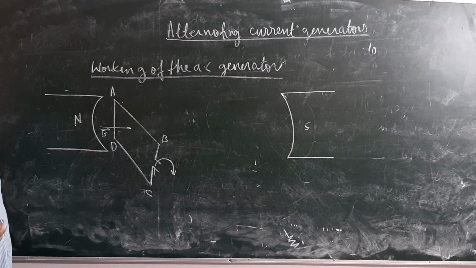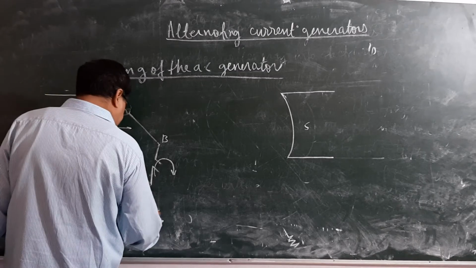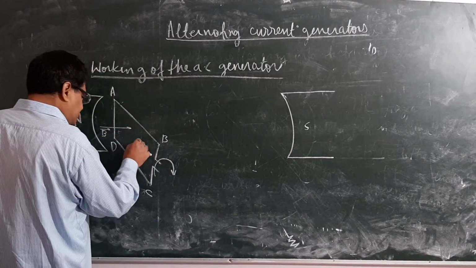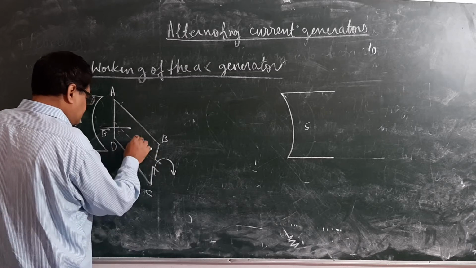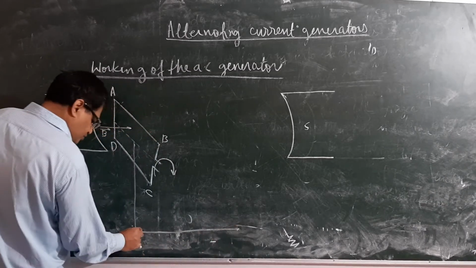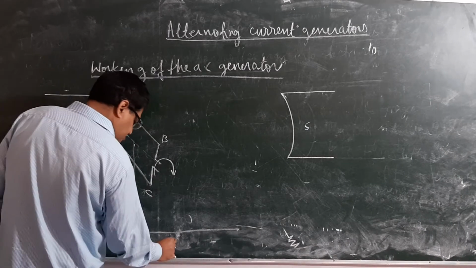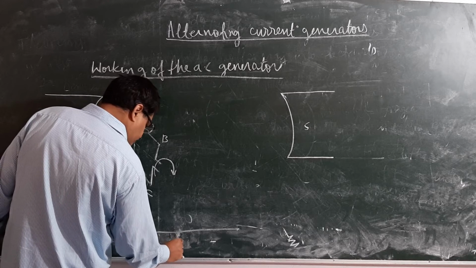So they will not significantly cut the magnetic flux. So initially, at this position, the EMF generated will be 0. We can show EMF over here and we can show time over here.